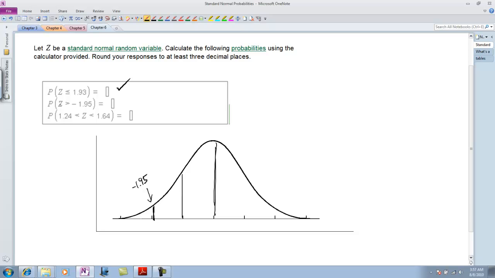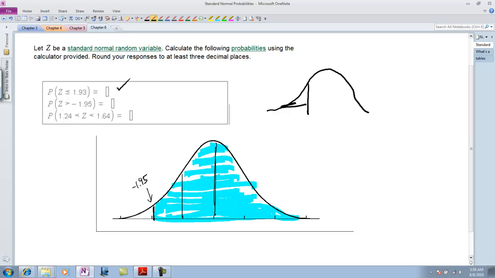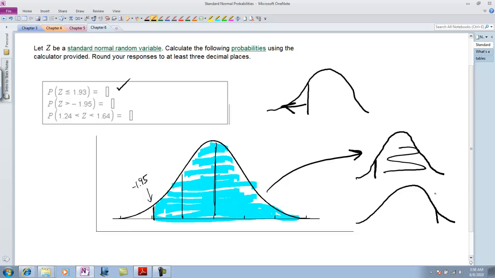Because it says we want the probability of finding z-scores greater than that, we are interested in the area to the right of that. So all this area over here, and I'm shading in blue. The only problem is both the chart and the calculator return areas that are to the left. So there's two ways of doing this. One is we can use the symmetry of the graph. If we're interested in this area over here, then it would be the same as taking positive 1.95 and finding its area because of the symmetry.